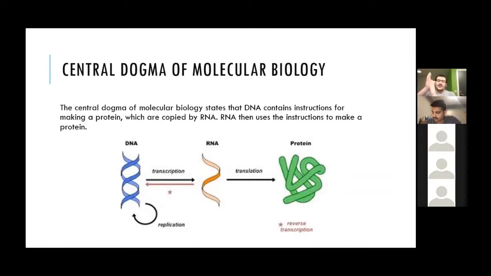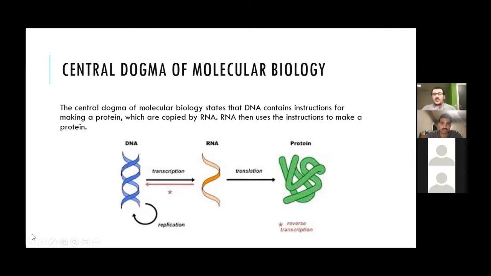Some RNA viruses have RNA, they enter the cell, and rather than using the cell's machinery to translate and make their own proteins, they integrate their genetic information into the DNA of the host by reverse transcriptase. So that's a small exception, but in general, you have DNA to RNA to protein.